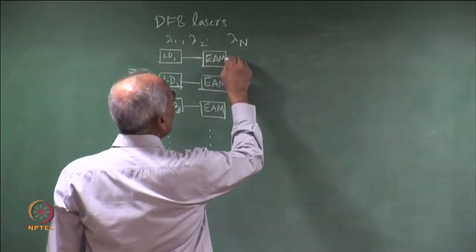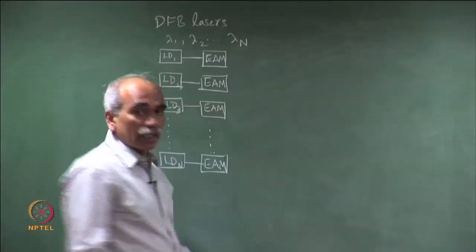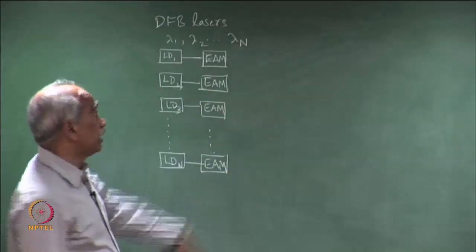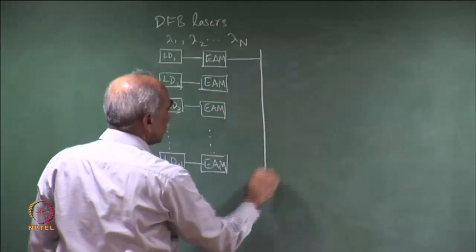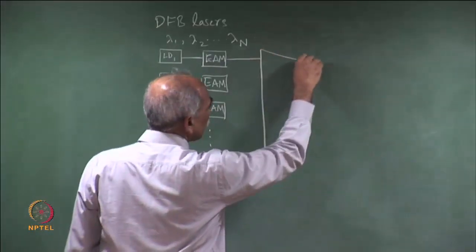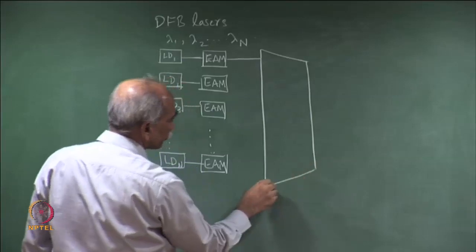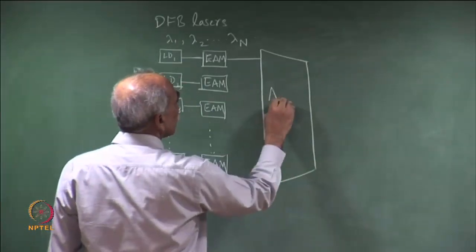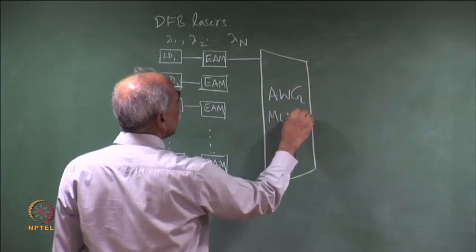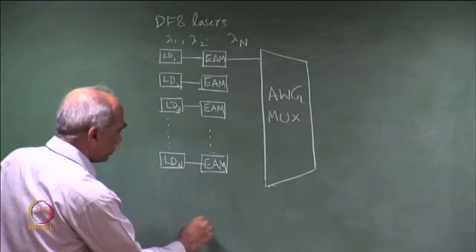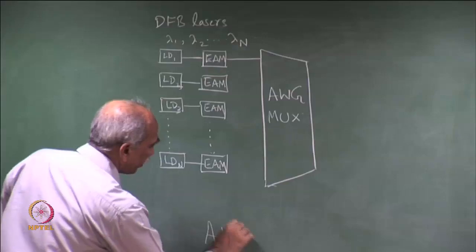The output of these, there could be more elements, there could be an amplifier right here, or the output of this goes to a mux, an AWG mux. So, this is AWG mux. AWG stands for arrayed waveguide grating.